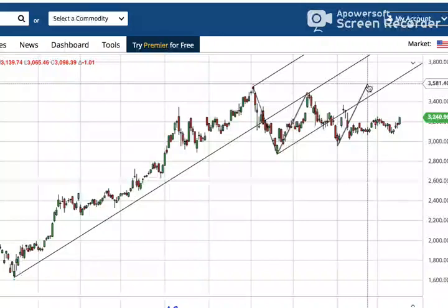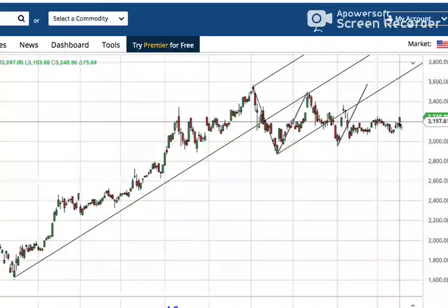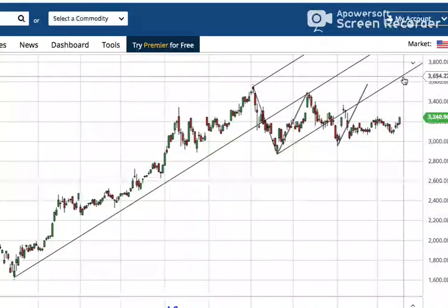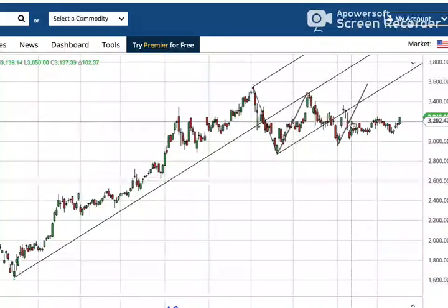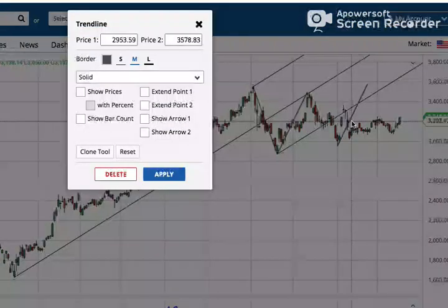Okay, so we're expecting that Amazon is going to go to the lower bound of this pitchfork, is going to go to the median of this pitchfork. In the very short term, I think next 2-3 weeks, in the next month at the max, we're going to see Amazon reach 3,578. But because that's a conservative target, we're just going to say that Amazon is going to reach 3,600 in the next 2, 3, 4 weeks.